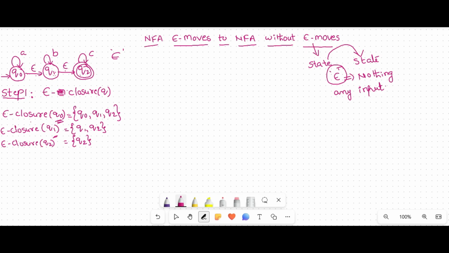Next, new transitions we have to find out, that means the NFA without epsilon. How do we find the transitions for that? That is our step 2. In step 2, we calculate the new transitions. NFA with epsilon moves and without epsilon moves, simply NFA.